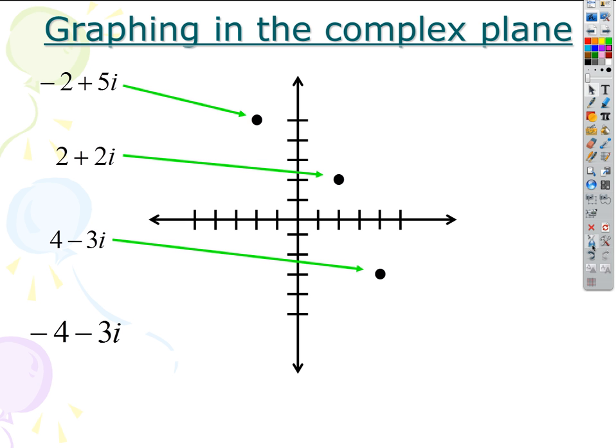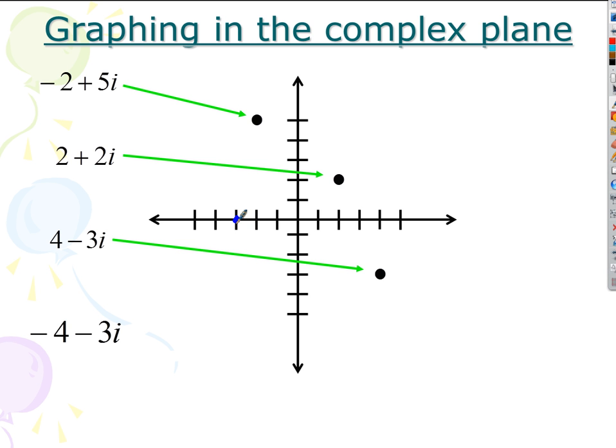Now, in the past, we've said things like, how far is the number -3 from 0 on the real axis, the real number line? 3. And how do we get that? Absolute value, right? That's what absolute value means, the distance from 0 on a number line. The absolute value of -3 is just 3. Count it. 1, 2, 3. Easy.